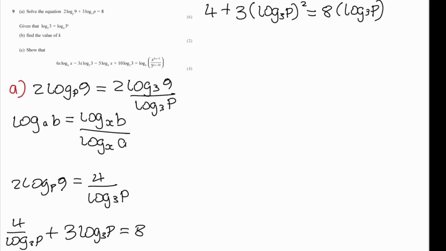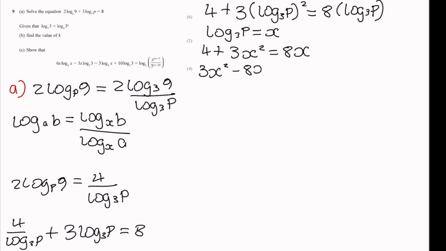Then this looks like a quadratic equation. Rather than x, we have log to the base 3 of p. So if I just do a quick substitution and write log to the base 3 of p is equal to x, then that will be easier to spot. So that is 4 plus 3x squared is equal to 8x. Put it all on the same side, so I get 3x squared minus 8x plus 4 is equal to 0.